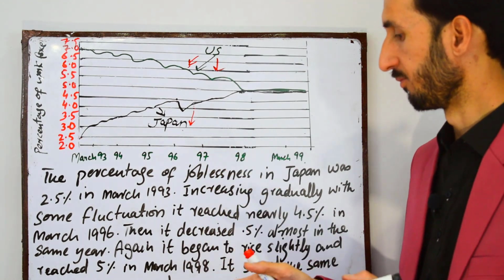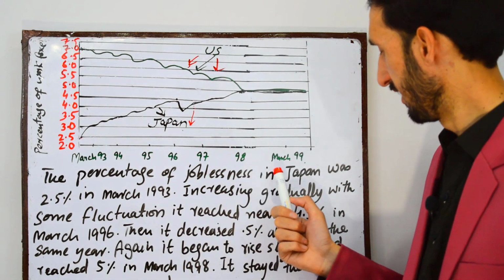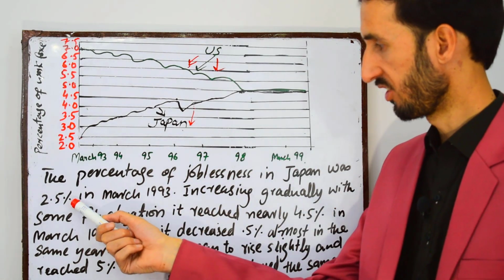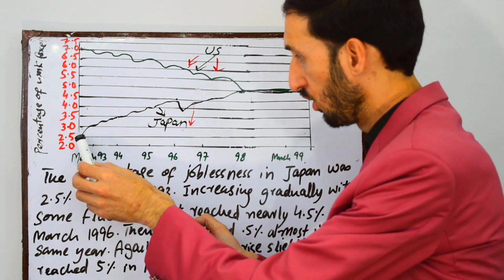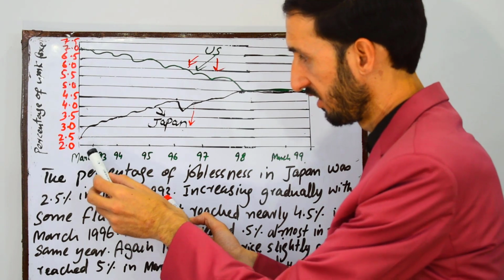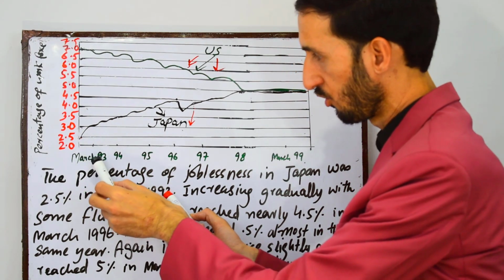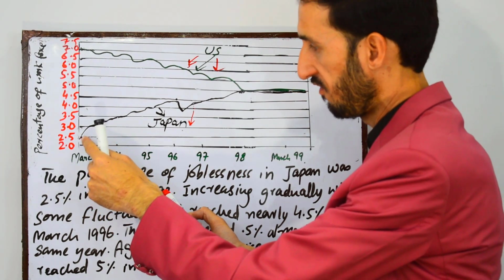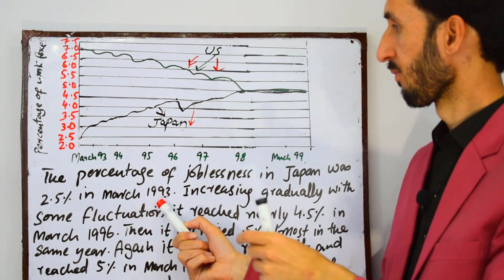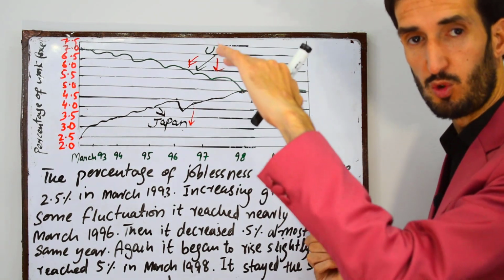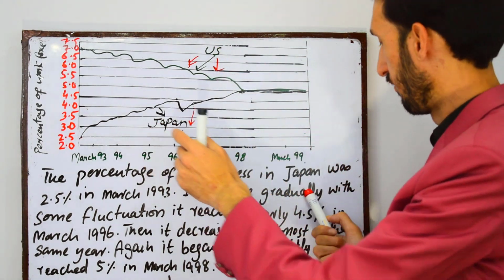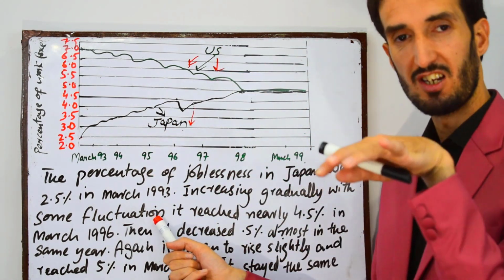So let's read it. The percentage of joblessness in Japan was 2.5% in March 1993. Year 1993 and percentage 2.5. What happened next? Increasing gradually. It increased with some fluctuation. There is fluctuation.